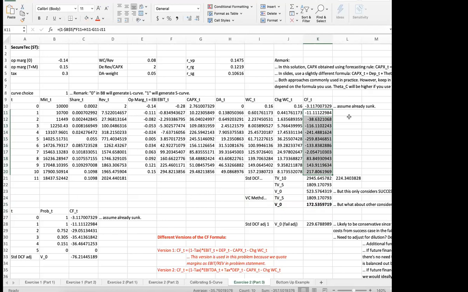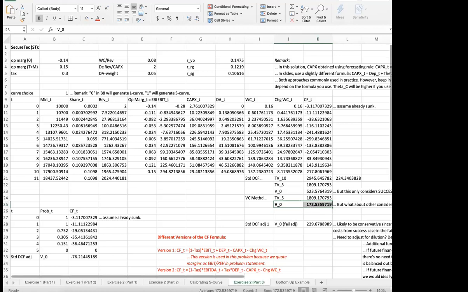And so as a result, if the startup also has some cash, we should take this value and add to this the amount of cash that the startup has. So if SecureTech also had an additional $20 million, then our valuation of SecureTech would not be 172 million. It would be 172 million plus the 20 million in cash that it has. So 192 million.